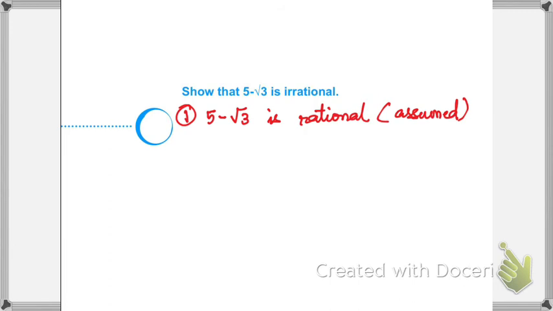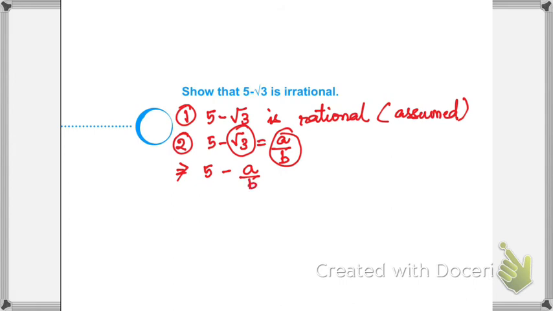So if 5 minus root 3 is rational, then it can easily be represented in the form of a by b, right? We can write it like this. So now from here you can write that 5, taking this a by b to the left hand side and this root 3 to the right hand side, 5 minus a by b will give you root 3, right?